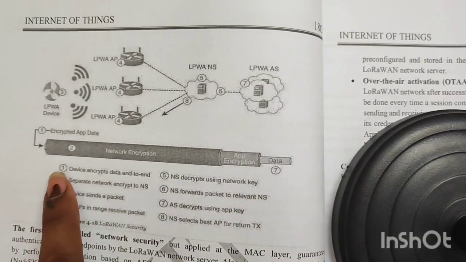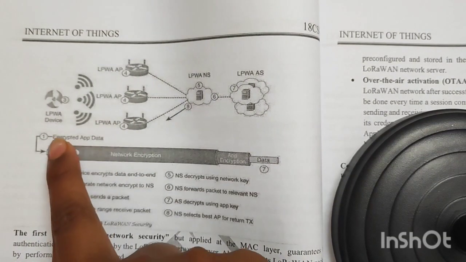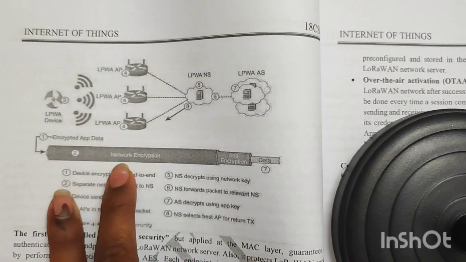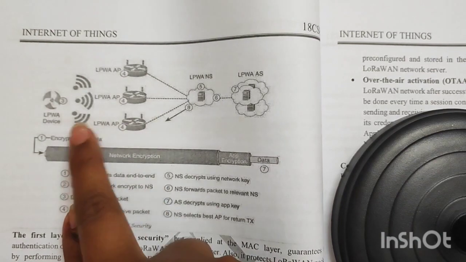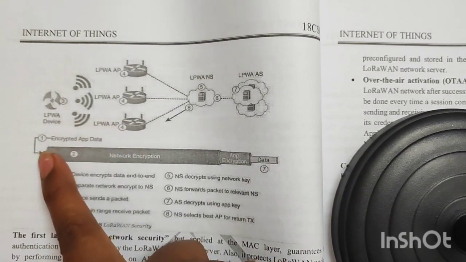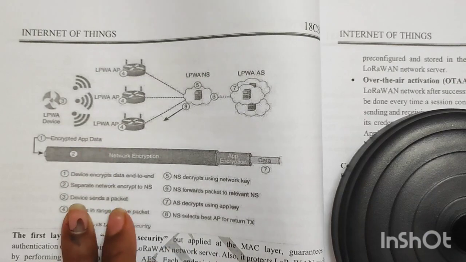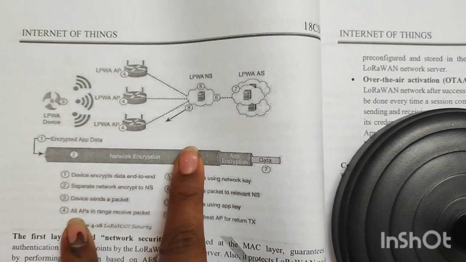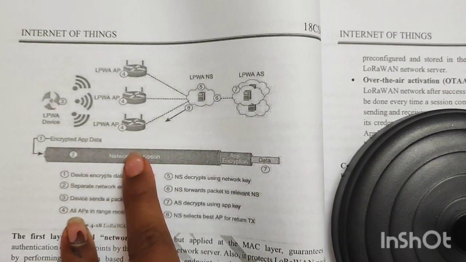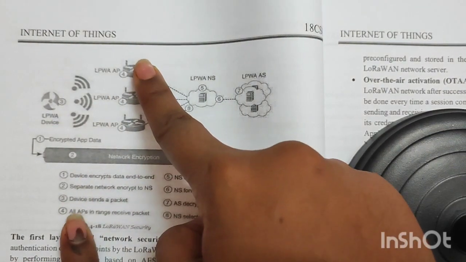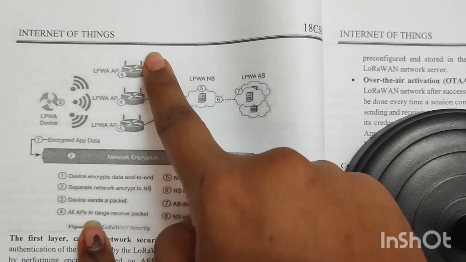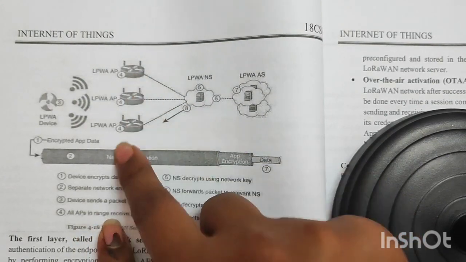If you see this diagram, first you put the encrypted data into network encryption. So you have a separate network encryption which is happening. First it is encrypted, then you put the encrypted data in and encrypt it again, and then the device sends the packet in step 3. The LoRaWAN device goes to step 4, the APs in range of the receiver packet.